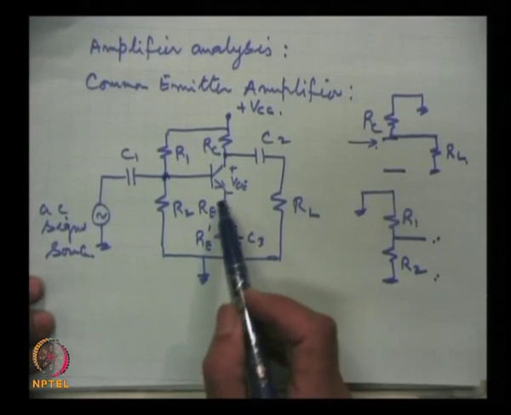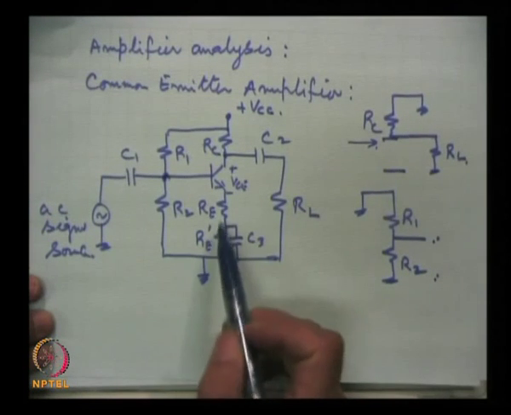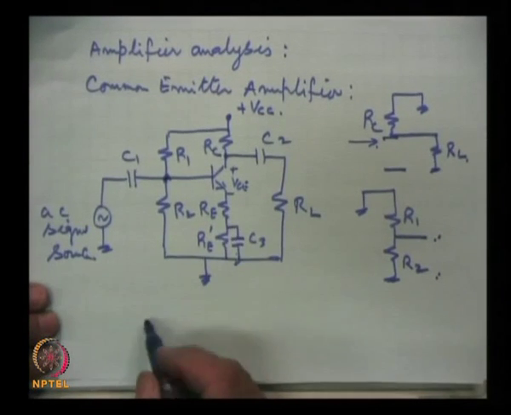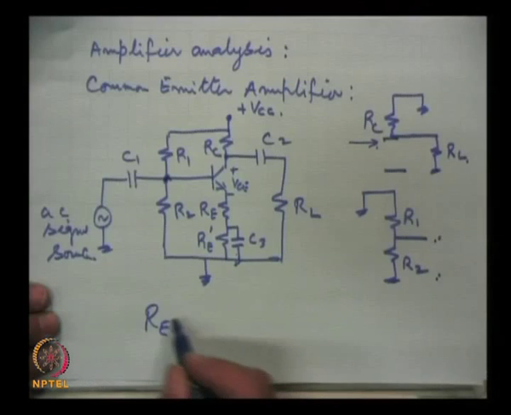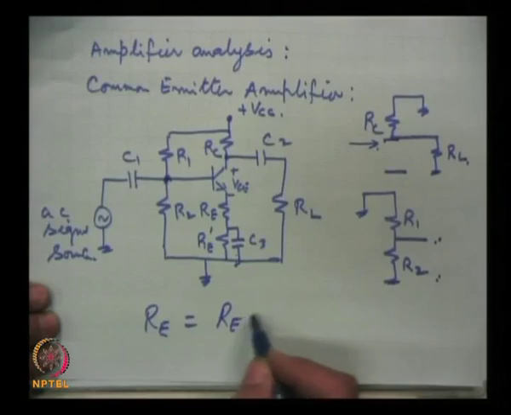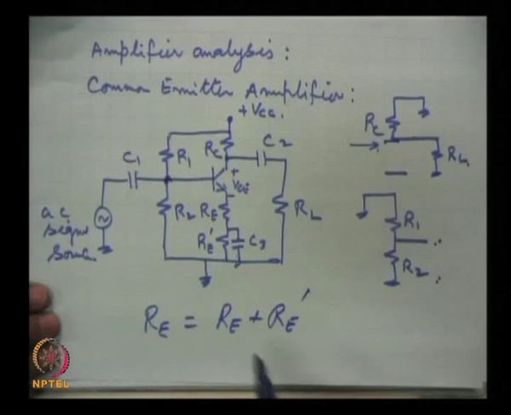We were here that the best compromise between stability and high voltage gain can be obtained by breaking the resistance R E into two resistances, R E plus R E prime.